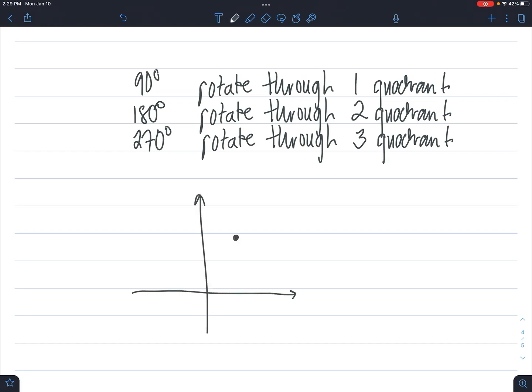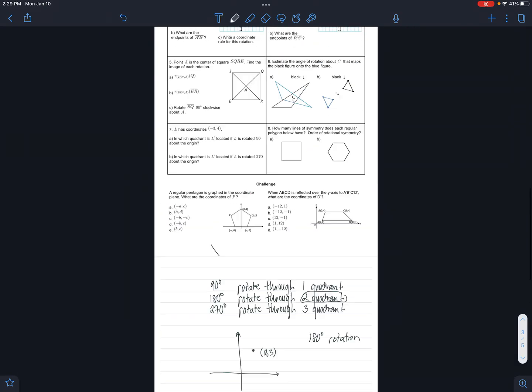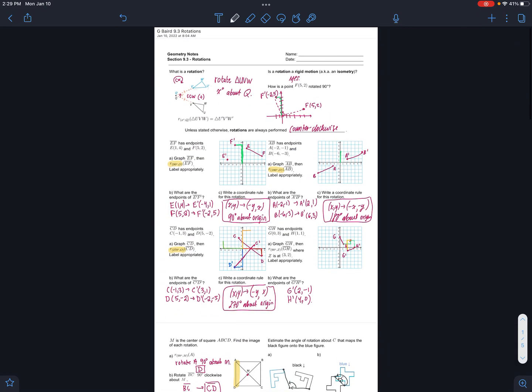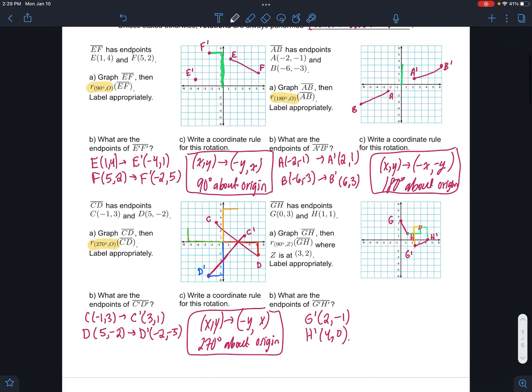So when you have a point like 2, 3, if I ask you to do a 180-degree rotation, you're going to know that it's going to rotate through two quadrants, 1, 2, and it's going to land somewhere in here. We know by the coordinate rules that we wrote at the top in the three boxes here.